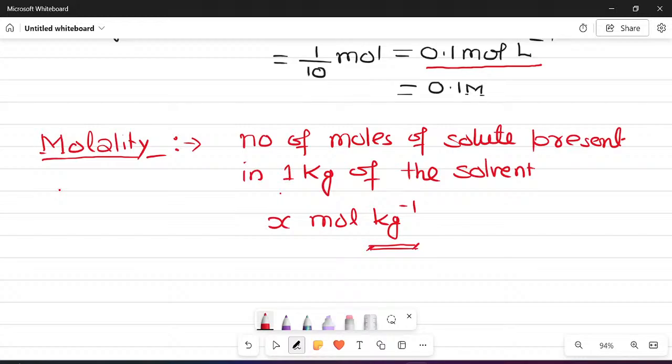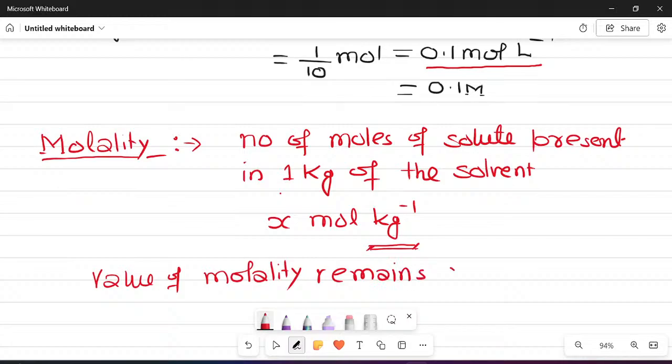So value of molality remains constant with temperature change.